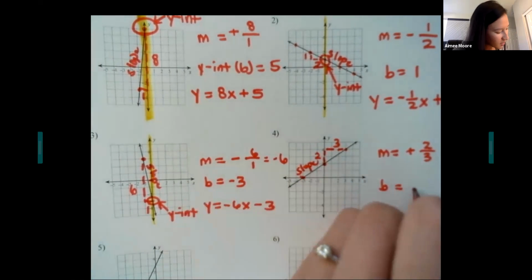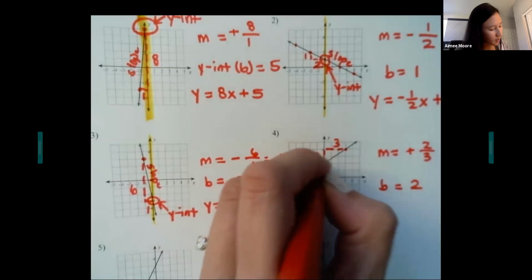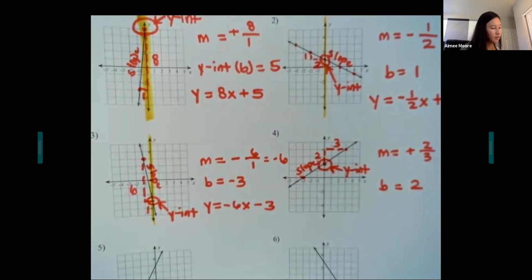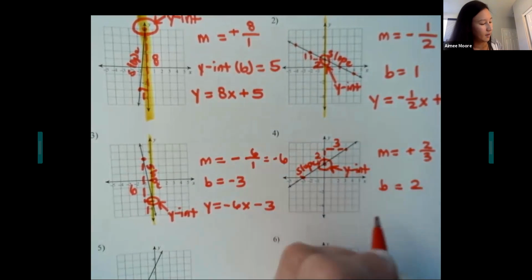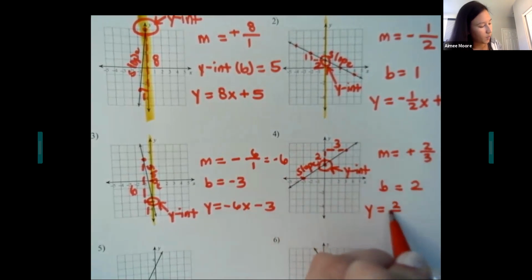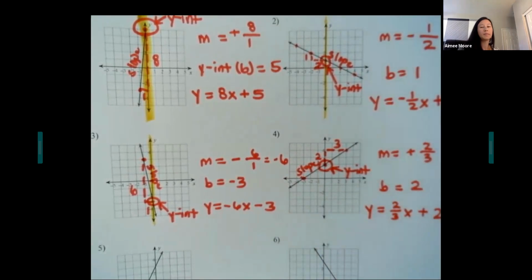Yep, that's exactly right, Dakota. Very good. Or sorry, our y-intercept is 2. Yes. Exactly. And then our equation is going to be y equals our slope, which is 2/3 times x, plus our y-intercept, which is 2.